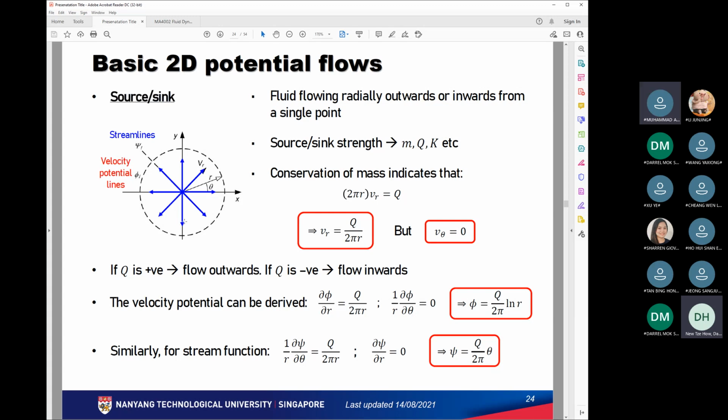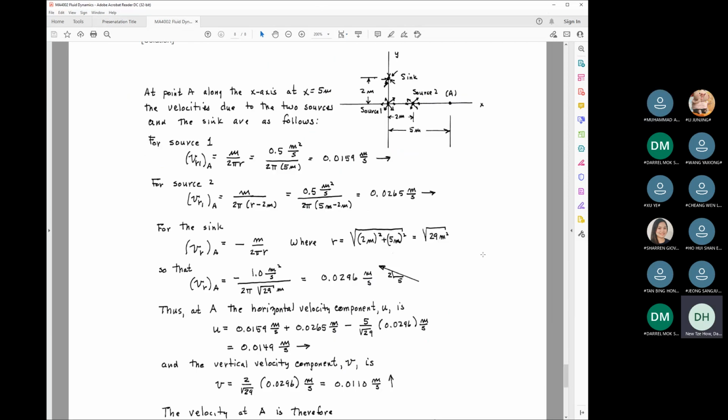If these arrows are opposite, that means flow is going in instead of coming out, and then the strength will have a negative sign. I'm just curious, Ashraf: is the reason you're asking whether the sign is negative or positive the way that we resolve them in the horizontal and vertical directions?